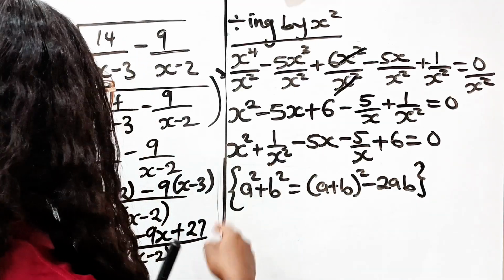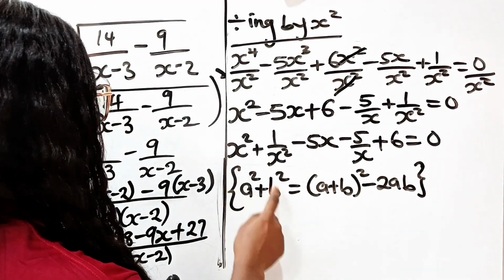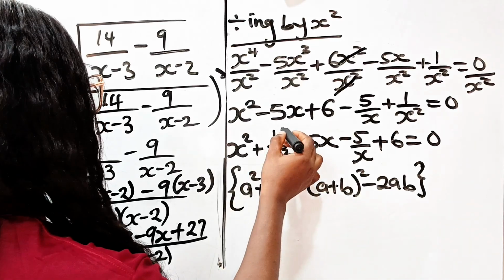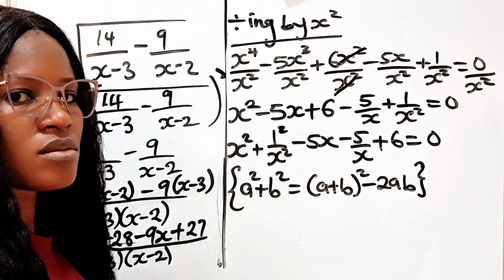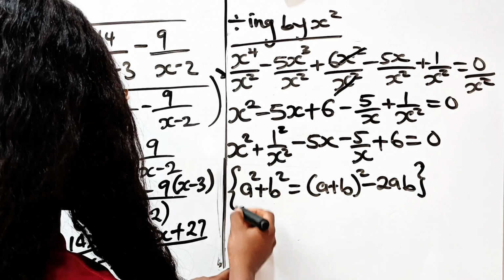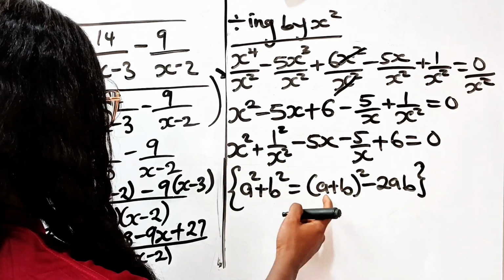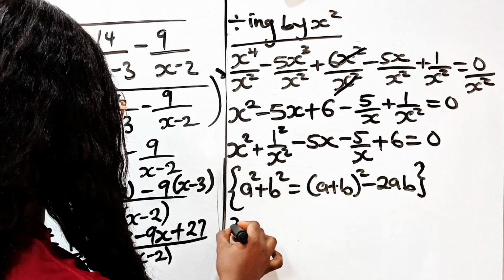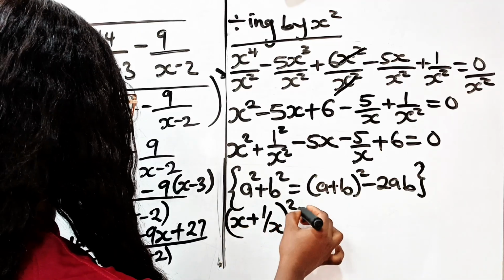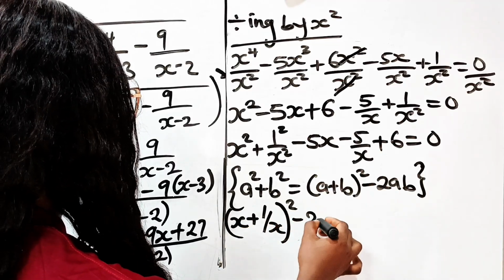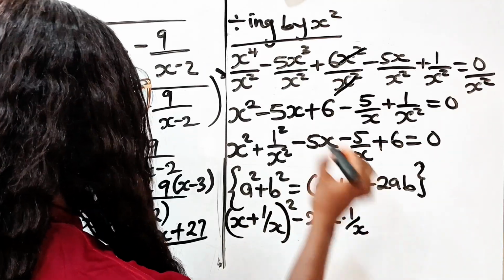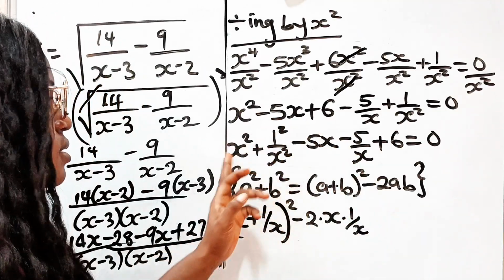So in this case, our a is x and our b is 1 over x, because this is the same thing as 1 squared. Now we have this to be a plus b, that is x plus 1 over x squared, minus 2 multiplied by x multiplied by 1 over x. So we are done with this.